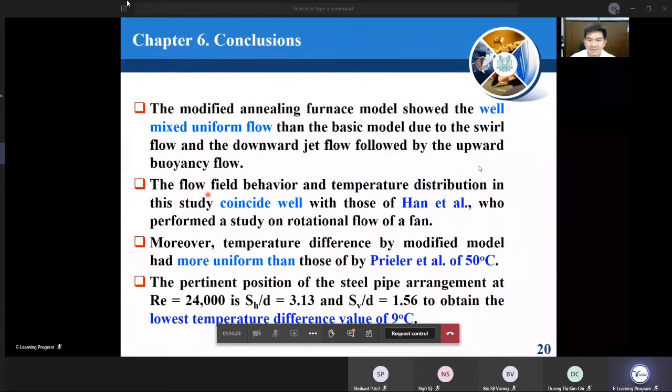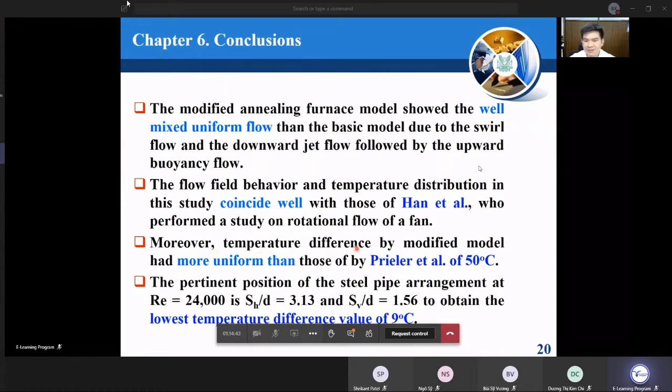And the second one, the flow field behavior and the temperature distribution in this study coincide well with those of the published paper by Hand et al., who performed the study on the rotational flow of the fan.